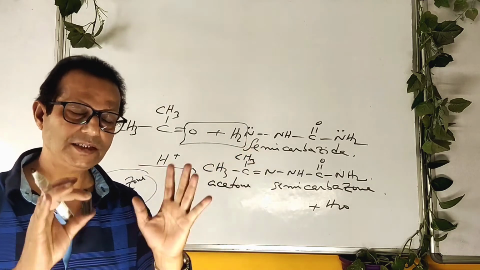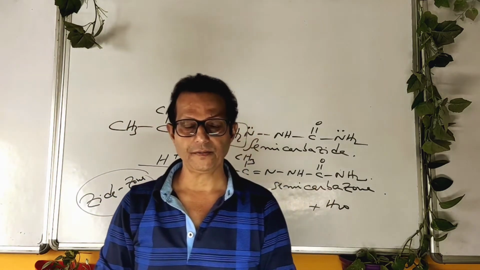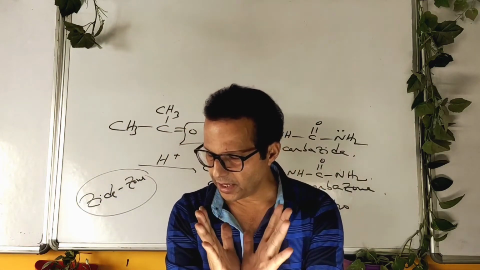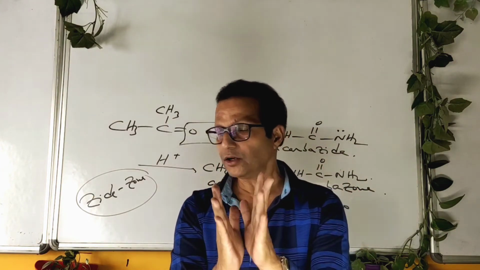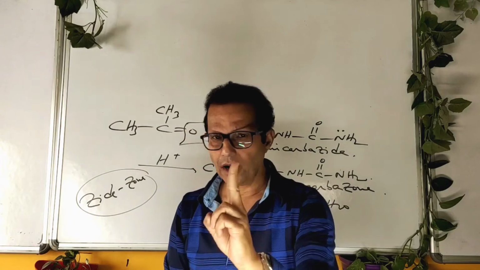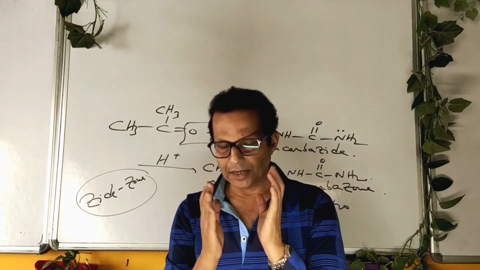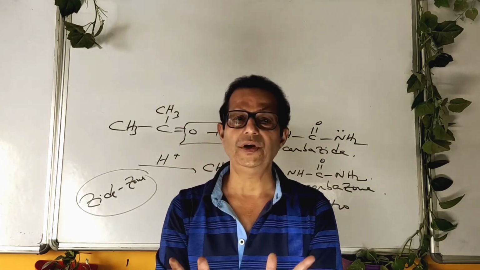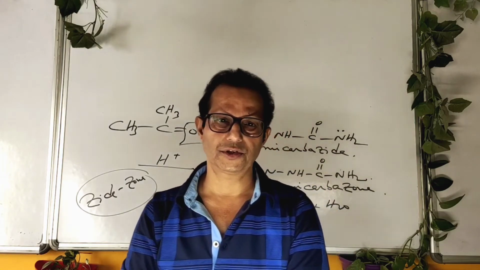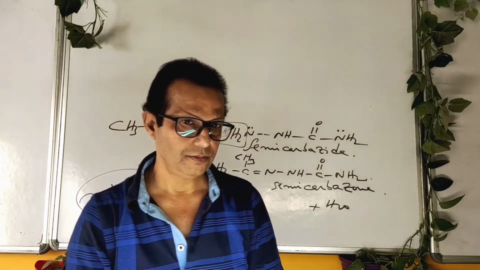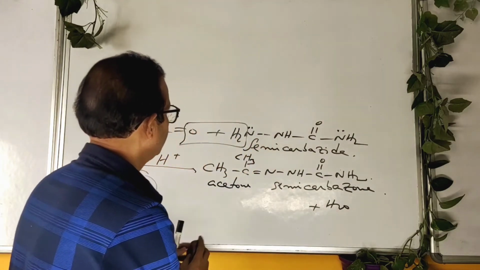Why? Once again listen to the question, this is an NCERT question. Semicarbazide contains two NH2 groups, but why does only one NH2 group participate in nucleophilic addition reaction with aldehydes and ketones? Can you do it? Listen.